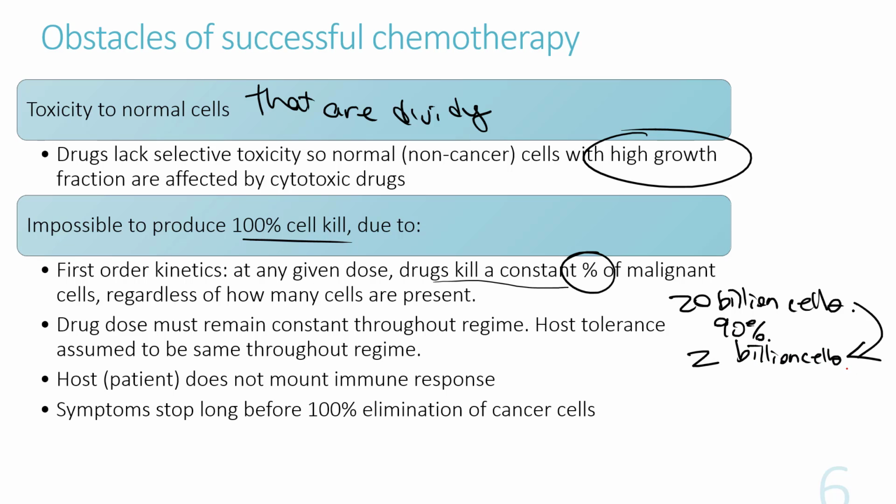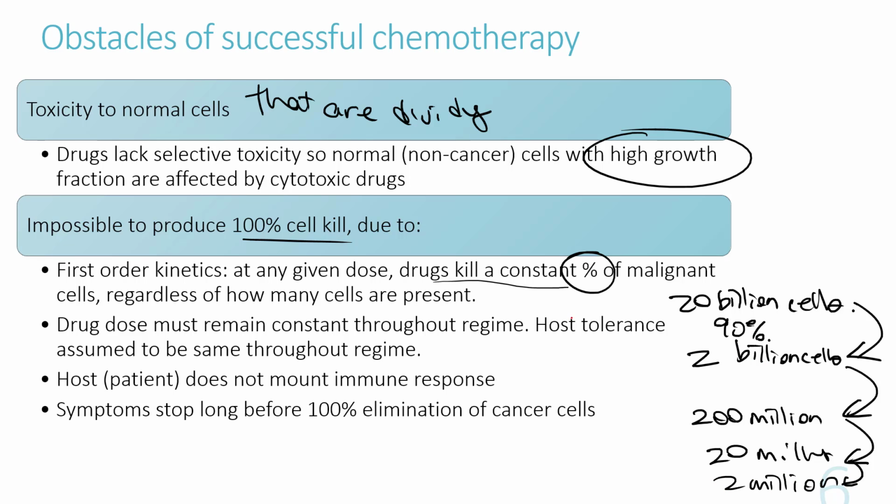And then after the second round, you have 200 million, and then after the next round you have 20 million, and then the next round you have 2 million. And so you see that at any given point you still have 10% left, right? So you can't produce 100% cell kill, right?